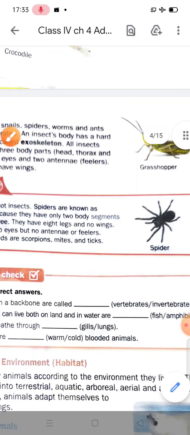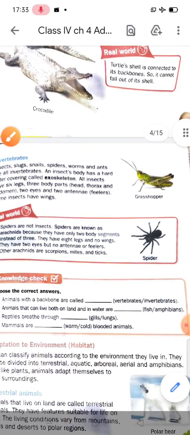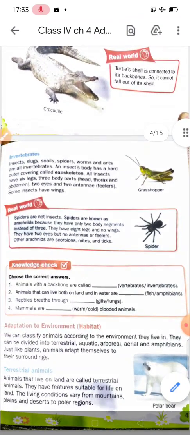You can see the diagram also. First of all, they have 6 legs and their body is divided into 3 parts: head, thorax and abdomen. And they have 2 eyes and 2 antennae.